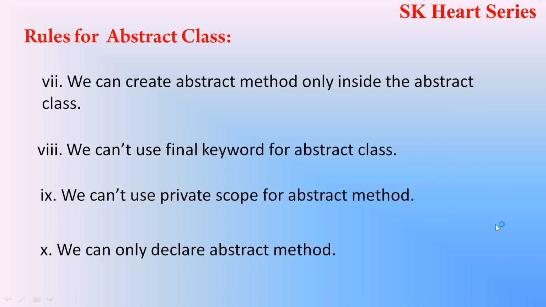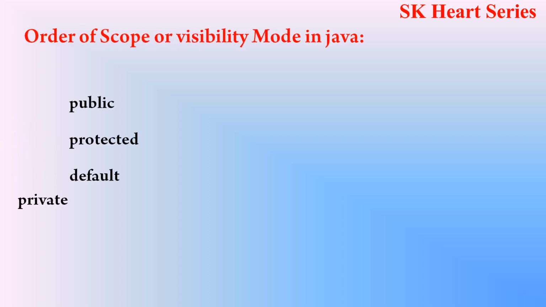Here is the order of scope visibility: public, protected and default. This is the order of visibility mode or scope.